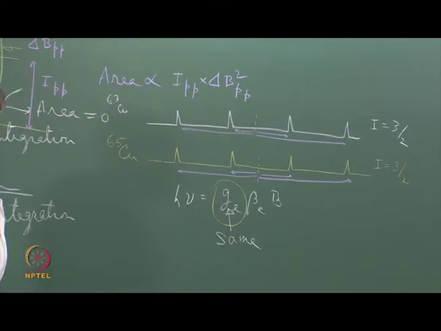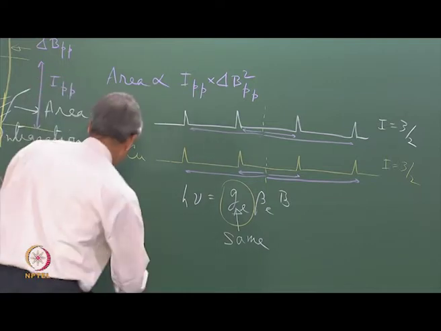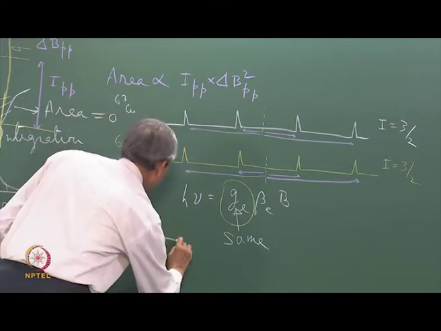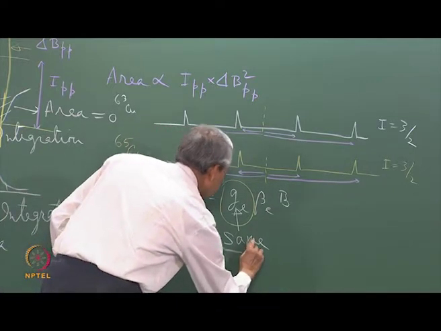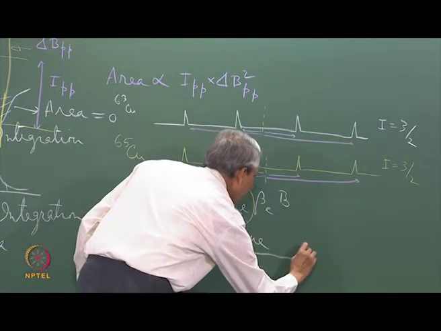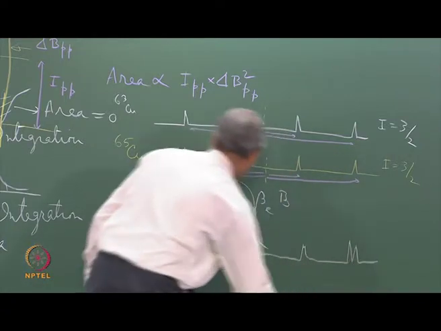So, now you can imagine that if we overlap these two, I will see a spectrum which may look like some sort of splitting here and maybe a little bit of splitting here, but more prominently here.